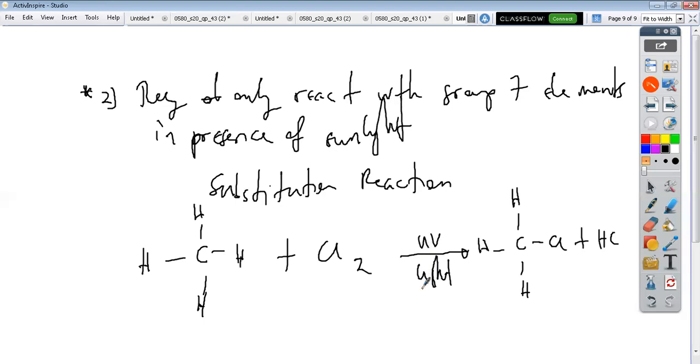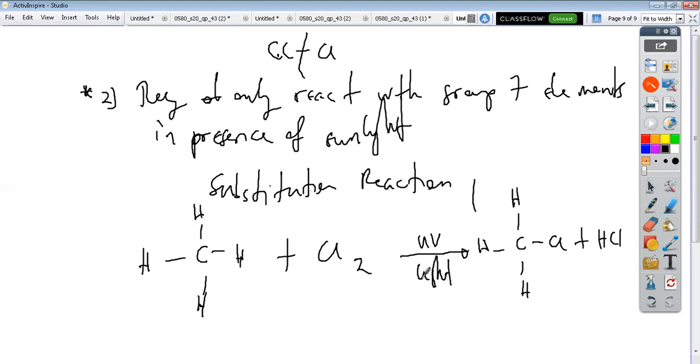And the reason it's called substitution is that chlorine breaks because of the UV light and forms a chlorine radical. The chlorine radical displaces one of the hydrogens like this, and we form this. So we have removed one hydrogen, then the other chlorine reacts with the hydrogen that is removed and forms hydrochloric acid.